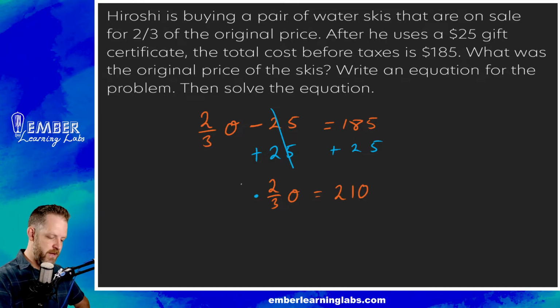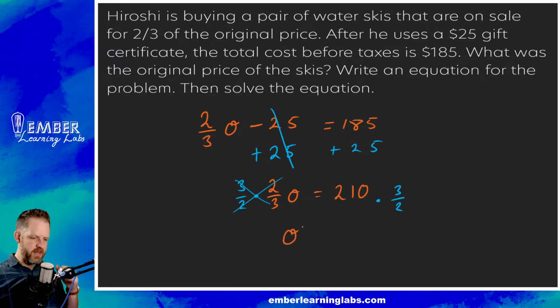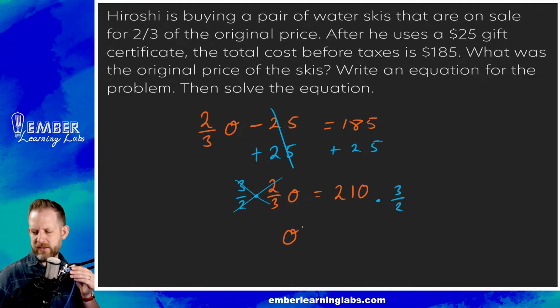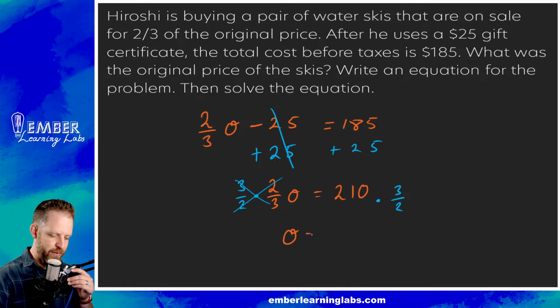So we're going to multiply 3/2 on both sides. Those 3's cancel out, the 2's cancel out, leaving us with just O for the original price. And then, let's see, 210, and we end up with an answer of 315.